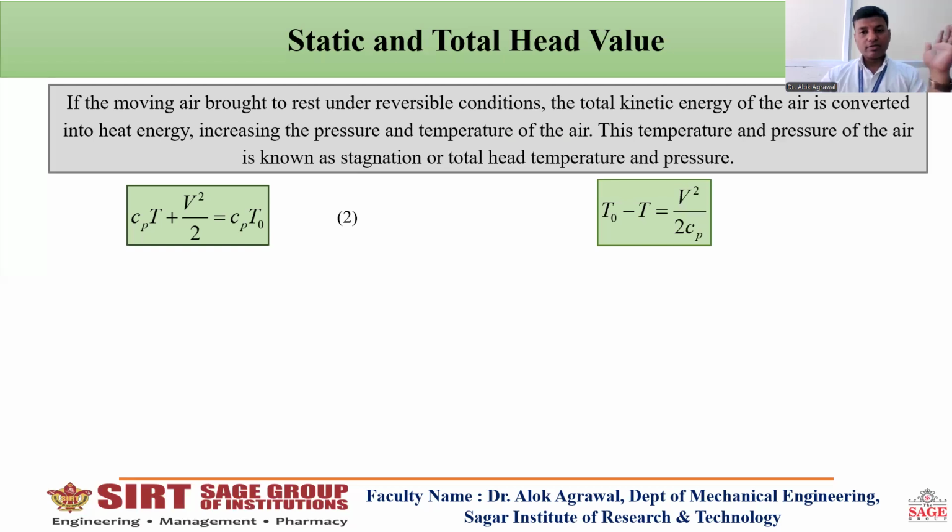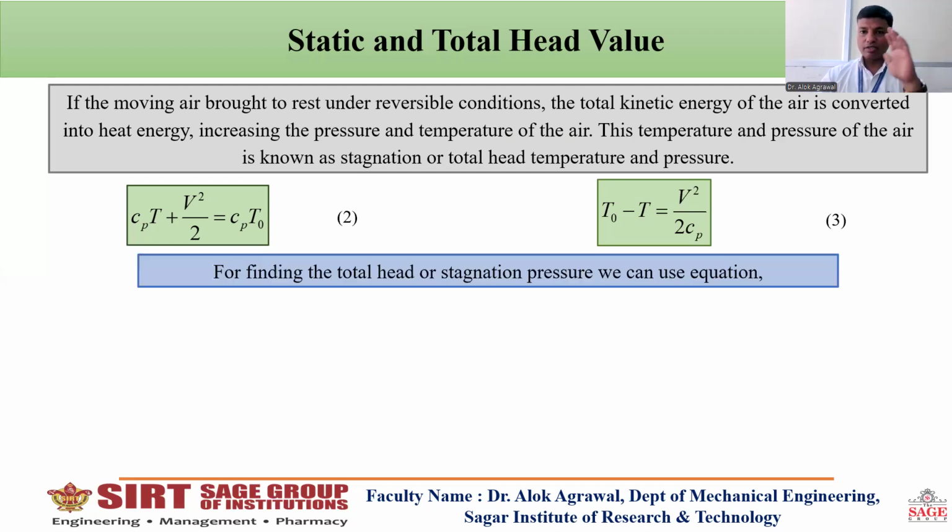If we rearrange this equation, we get the difference between the stagnation temperature and the static temperature, which is V square by 2Cp. So we are giving equation numbers accordingly. Now, for finding the total head or stagnation pressure, we can use the same expression that we use for static temperature and pressure. That is P0 by P will be equal to T0 by T to the power gamma upon gamma minus 1. This is a thermodynamic relation that everyone knows.